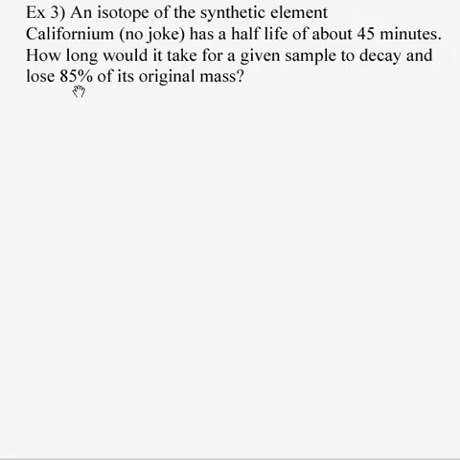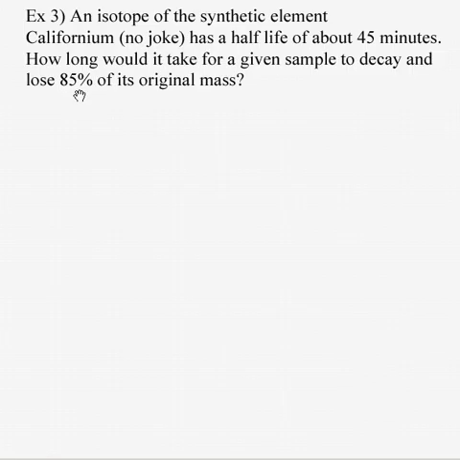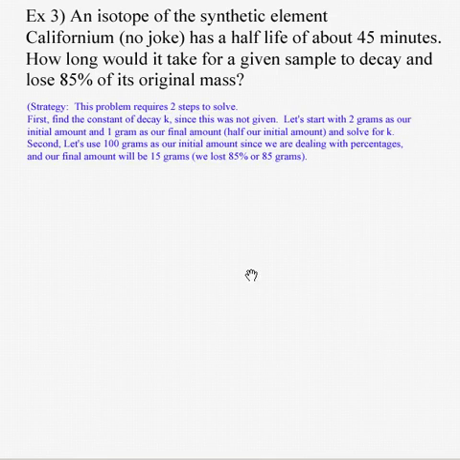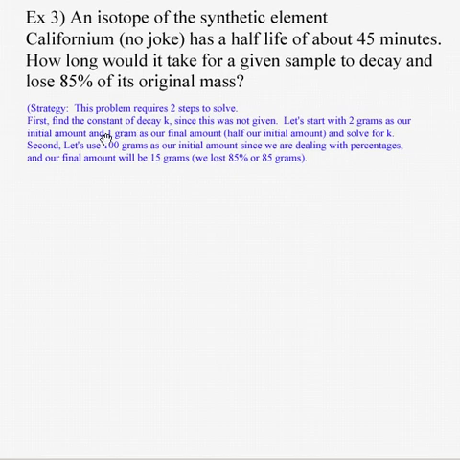Now this is a little different because we're talking percentages. You're saying, what's the original amount? What's the final amount? So here's our strategy. The problem requires two steps. First, you want to find the constant of decay, which we represent by k, since that's not given. And we can start with anything as our initial amount.